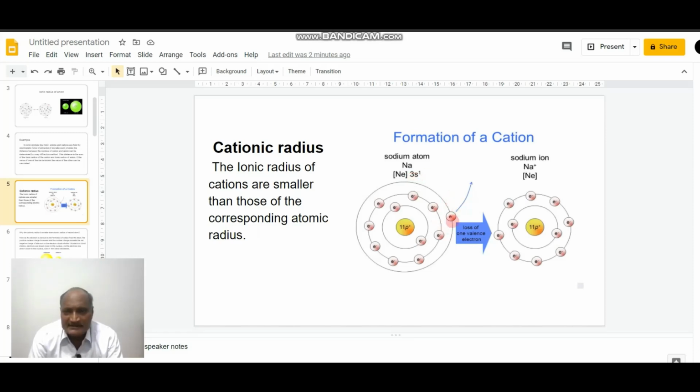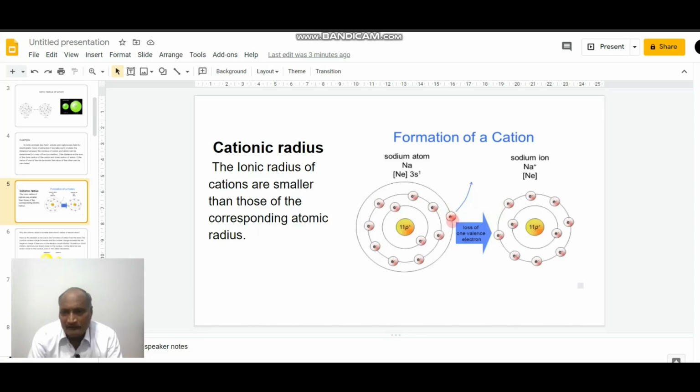As this valency electron is removed, the nuclear charge on the nucleus increases.